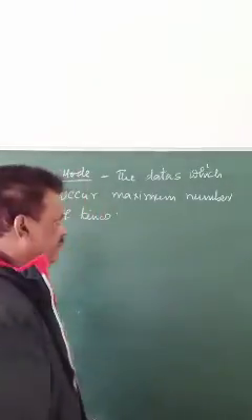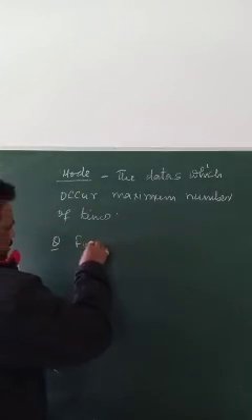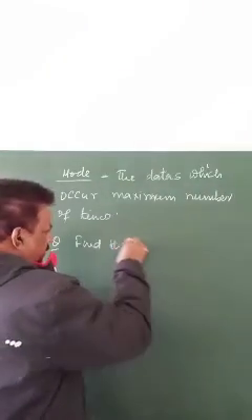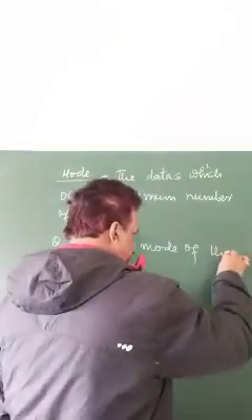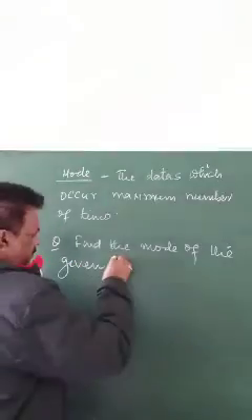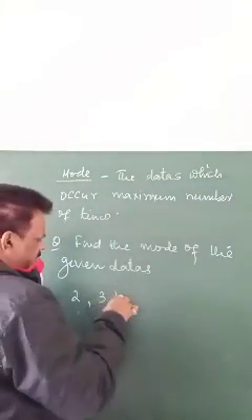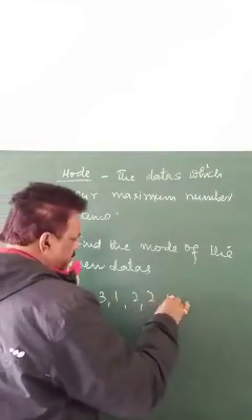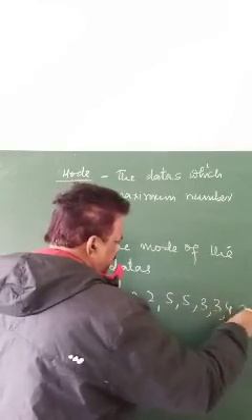Means what? Suppose the question is find the mode of the given data. Like suppose 2, 3, 1, 2, 2, 5, 5, 3, 3, 4, 3 like this.